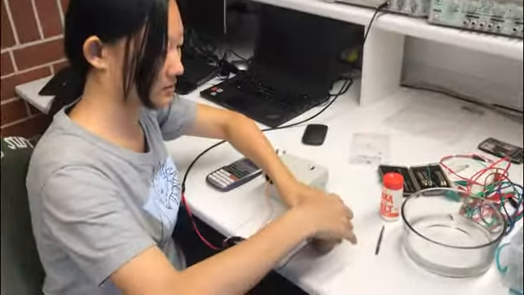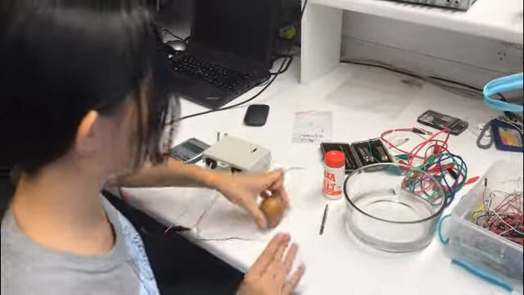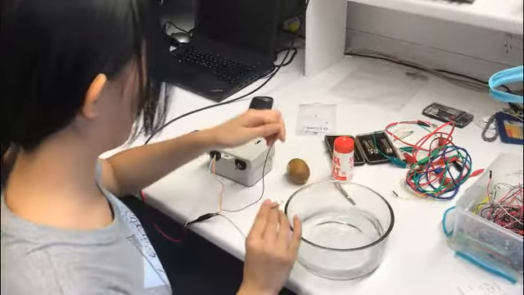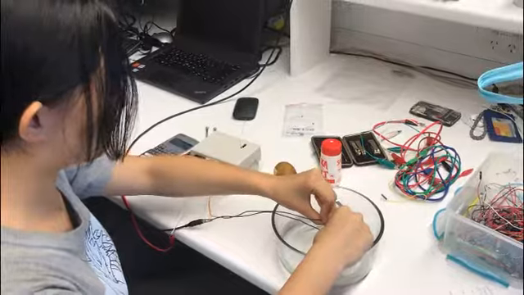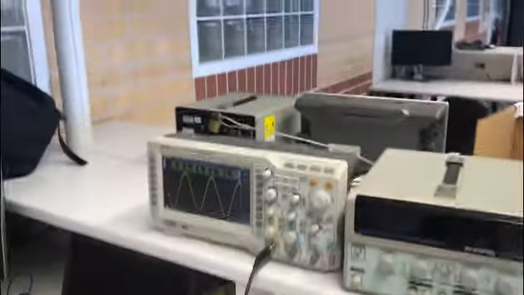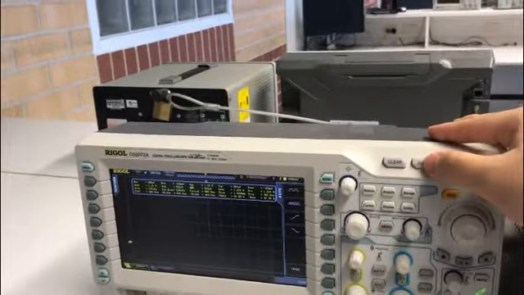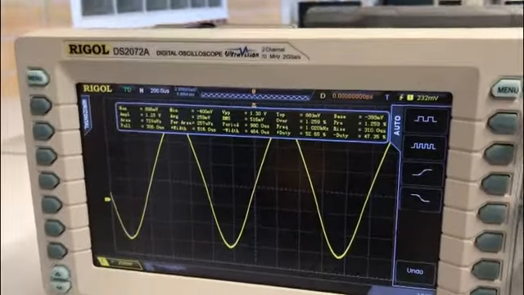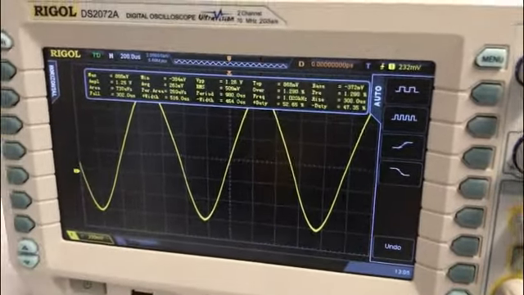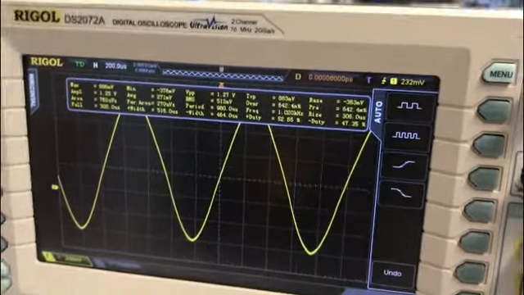Now we can also test the water. You can see here the voltage is around 1.3 volts.